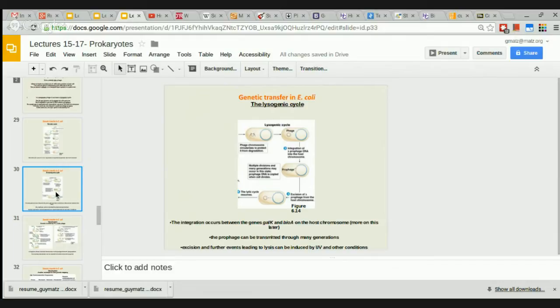The cell can then continue to grow with the prophage in the genome, and these can be induced to resume the lytic cycle. These prophages can enter back in the lytic cycle if you irradiate the cells with UV, for example.